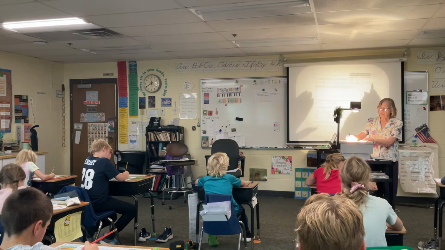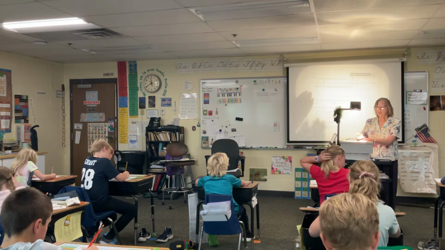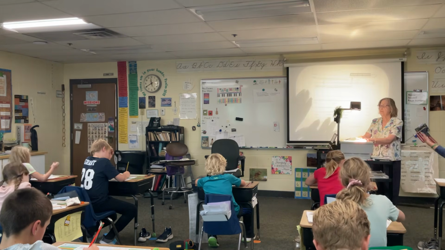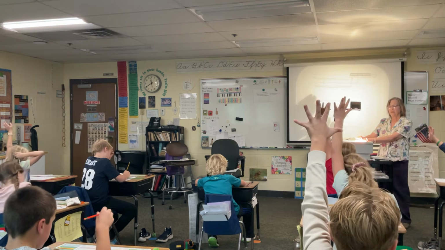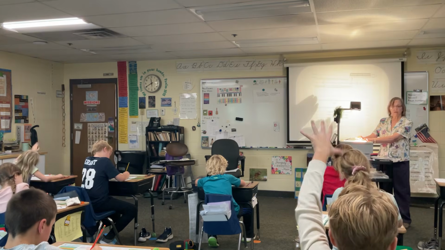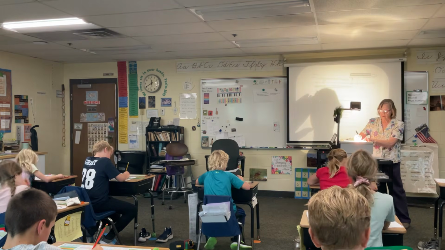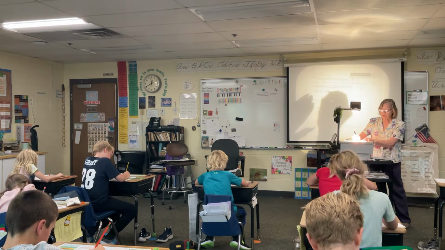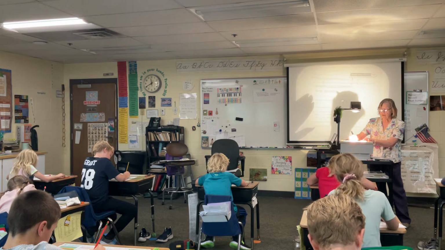He lost 2 nickels and 2 pennies. Draw the coins. How much money does he have now? How much is a dozen? Minnie? 12. So I'm going to draw 12. 2 dimes, 3 nickels, a dozen pennies.